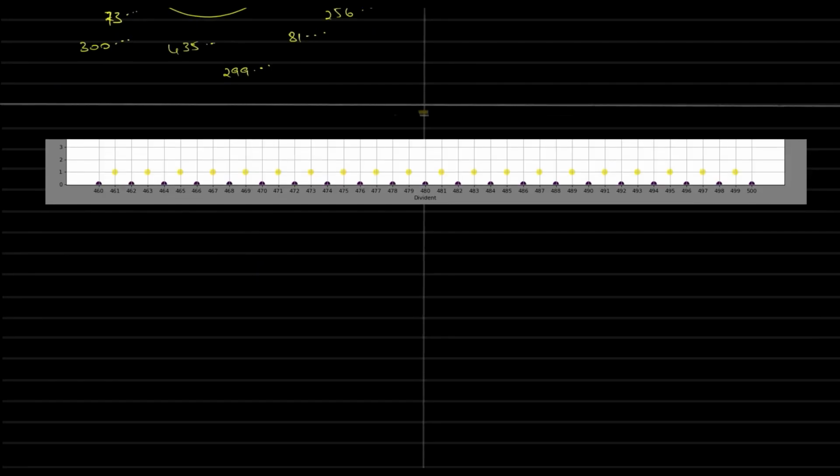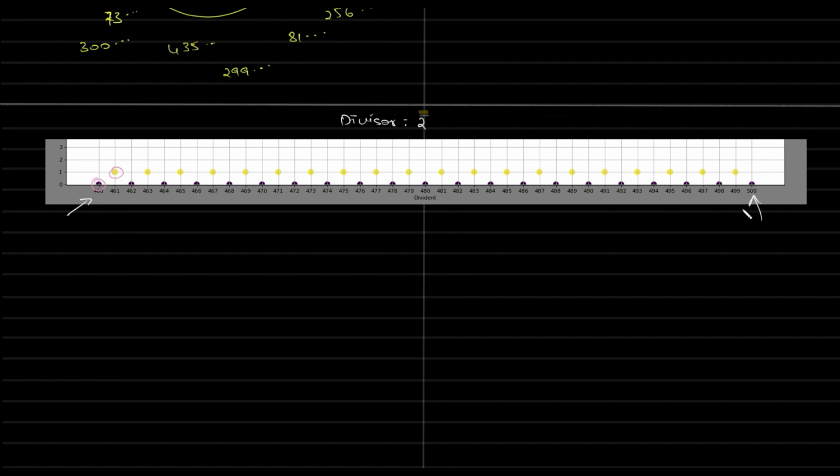That's why I took the divisor to be 2. With the divisor being 2, and all the possible integers from 460 to 500, including 500, the remainders are either 0 or 1.